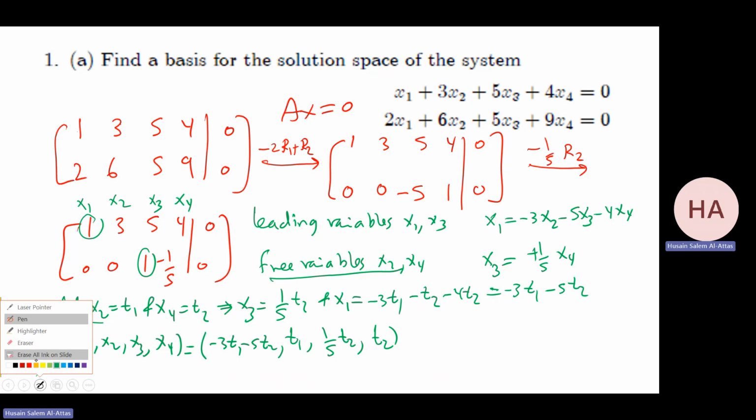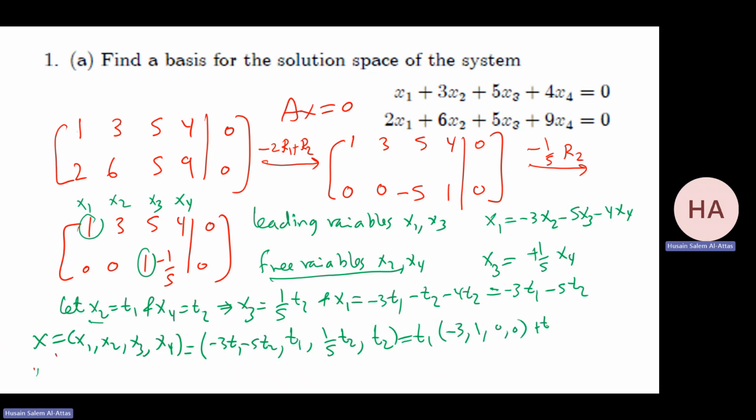Before that, let me continue. I take t1 as a common factor. I have minus 3, 1, 0, 0. I take t2 as a common factor. I have minus 5, 0, 1/5, and 1.